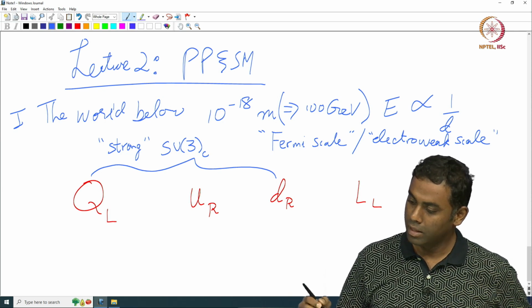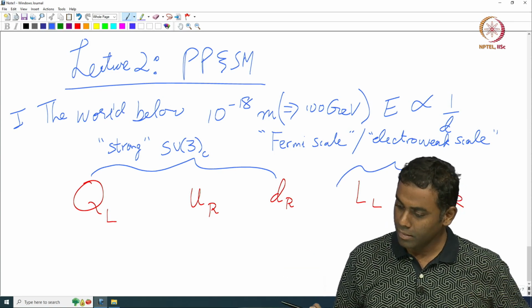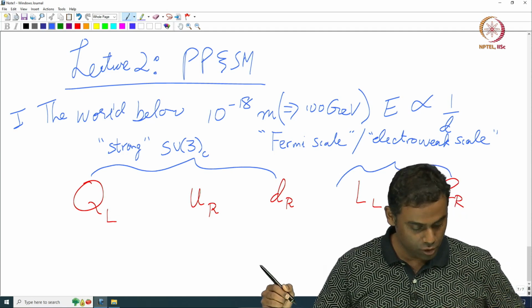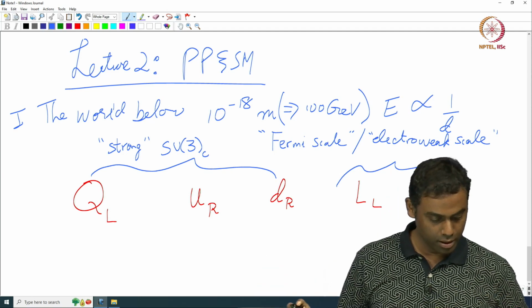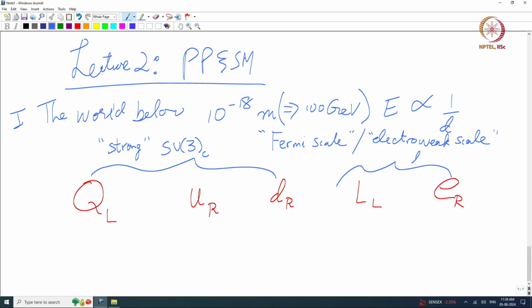And these two objects are basically leptons, so I will just call them by their colloquial name, leptons.